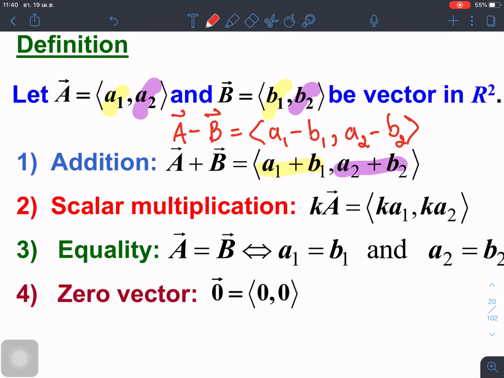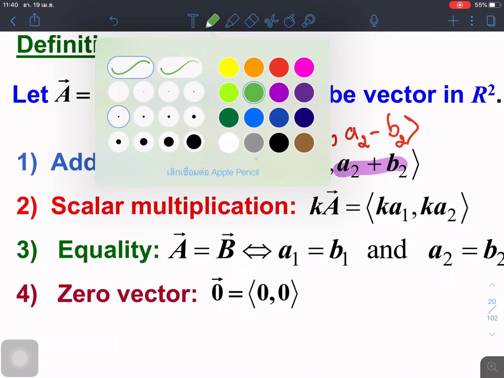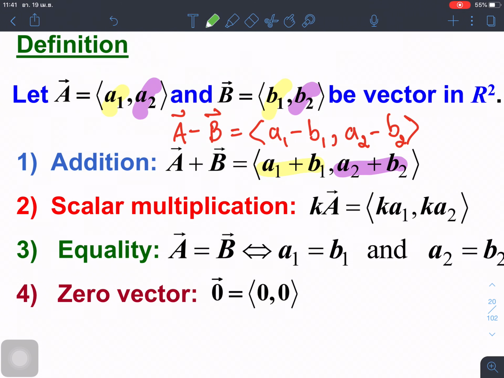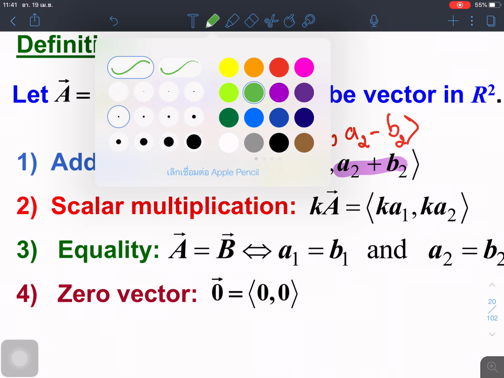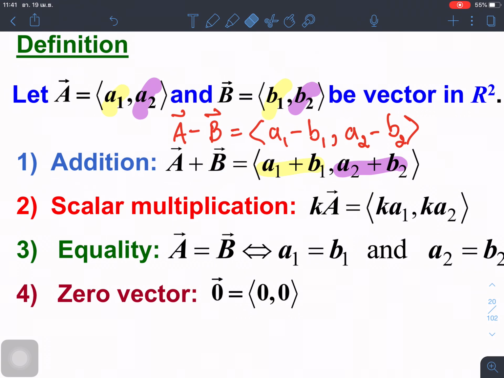Scalar multiplication. Well, suppose you have k, which is just a constant in the real numbers. You do k times vector A. The result is you multiply k to each coordinate, a1 and a2. It's just like a distribution.